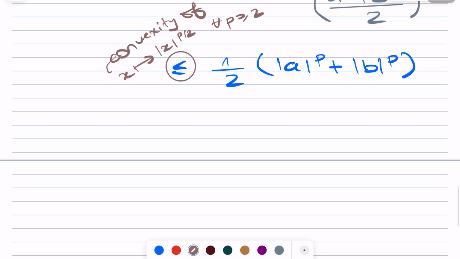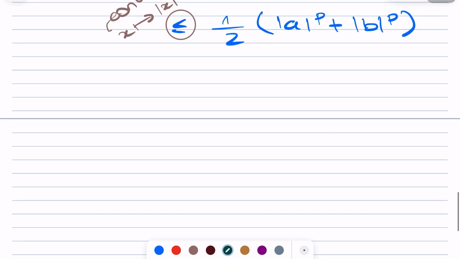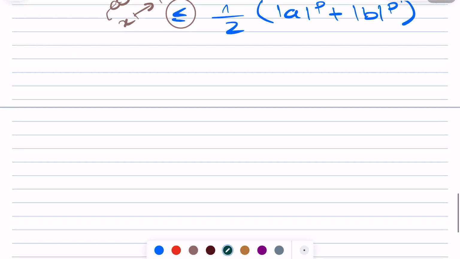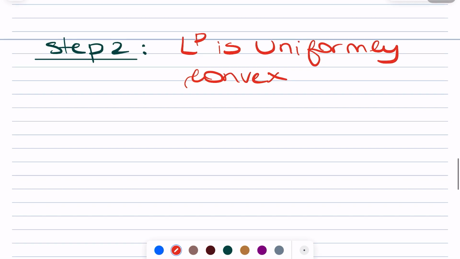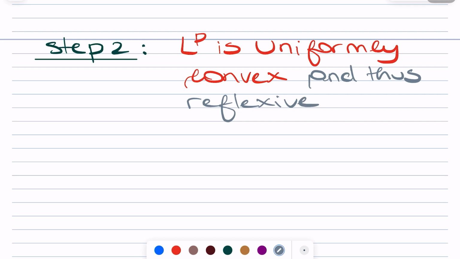So our second step, as I said at the beginning when I was talking about the proof idea, is to prove that L^p is uniformly convex, and thus reflexive, for every p.